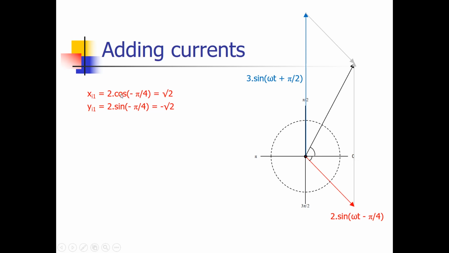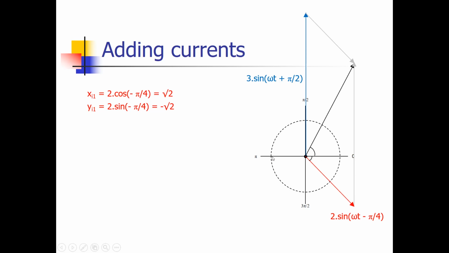So it's 2 times the cosine of minus pi over 4, which is the square root of 2. The vertical part, y_i1, is 2 times the sine of this angle. So 2 times the sine of minus pi over 4, which is minus the square root of 2. So that is the division of this phasor into a horizontal part and a vertical part.